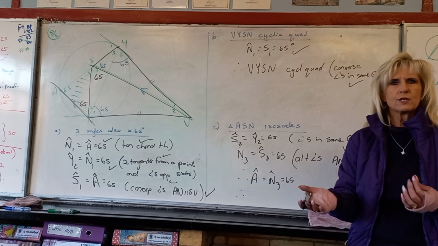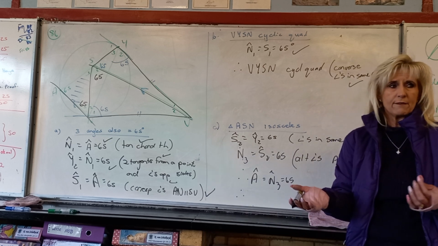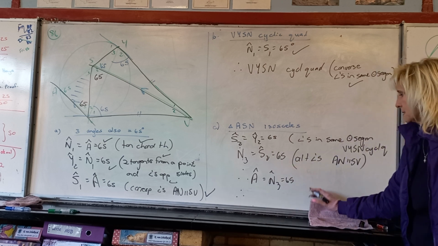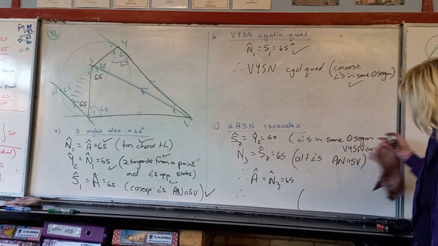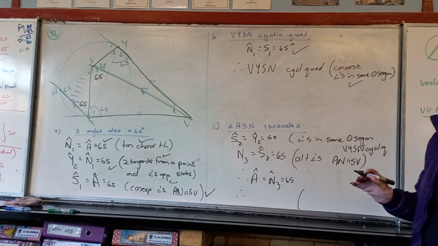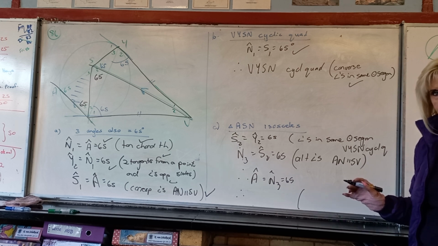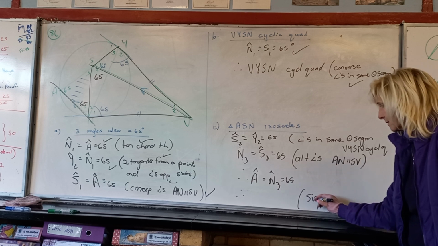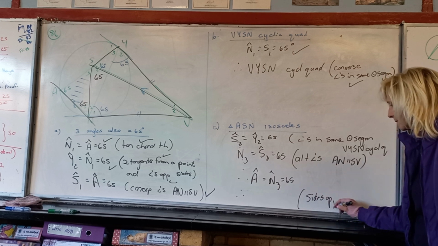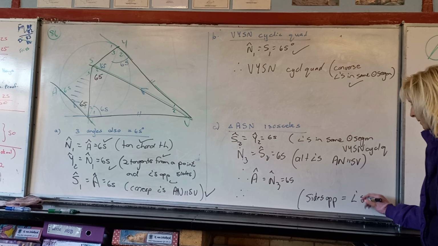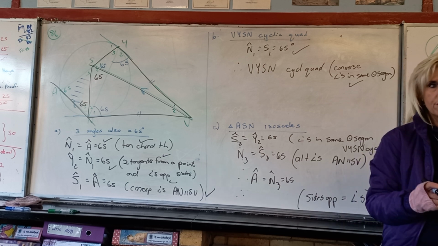Do I have to say which sides? They don't really have to say, but my reason's going to say everything. It's because of angles, converse. Not converse, there's an actual theorem: sides opposite equal angles, because there's an actual theorem that says it.